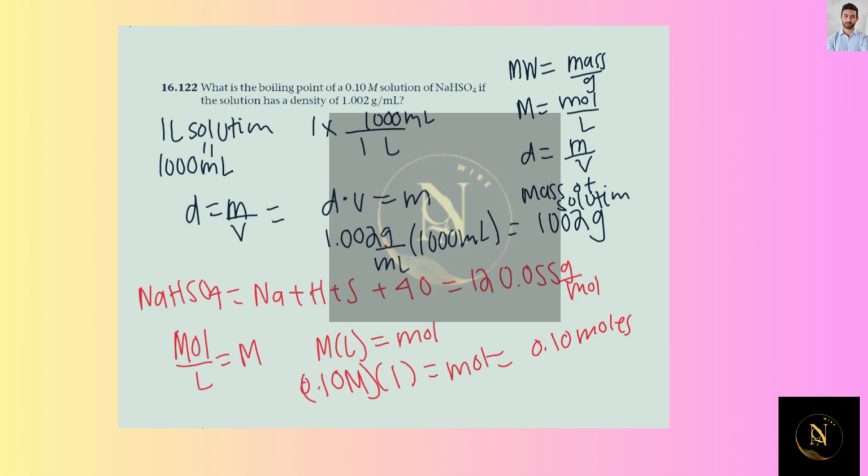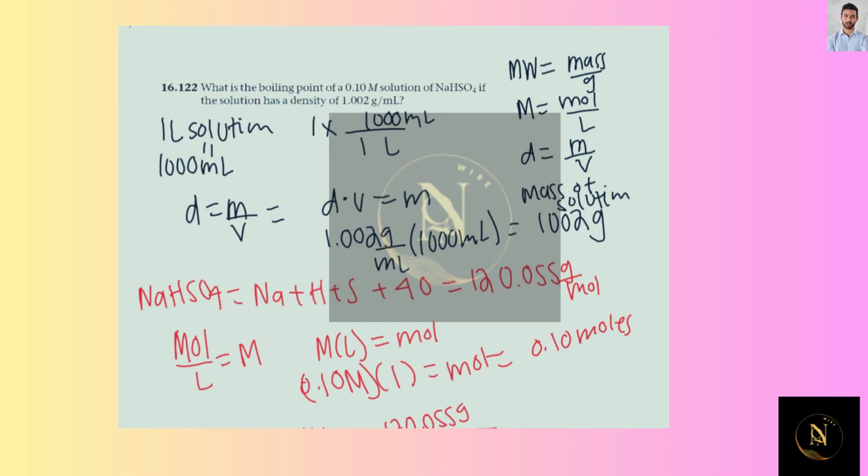Now that we know how many moles we have, we can calculate how many grams of NaHSO4. So we take 0.10 moles of NaHSO4 and multiply by the molecular weight, 120.055 grams over 1 mole.